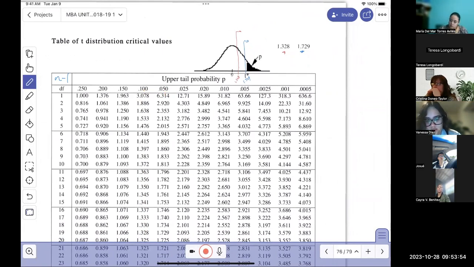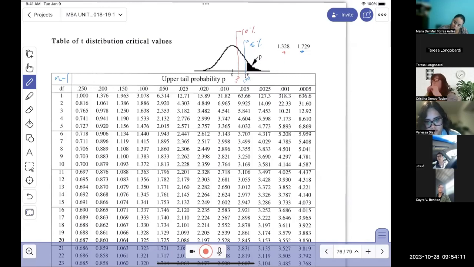So this is 5%, and this is 10%. So the best we can do using just this table is that 1.5 is between 5% and 10%. That's our answer.